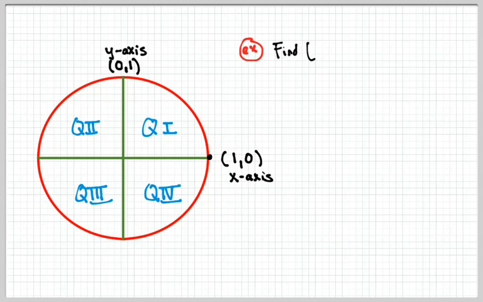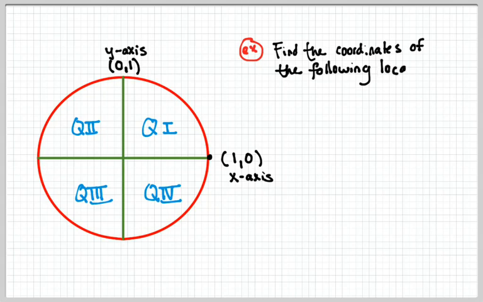Find the coordinates of the following location. All right, so I'm going to give you a location on your unit circle, and you're going to have to write down the coordinates.